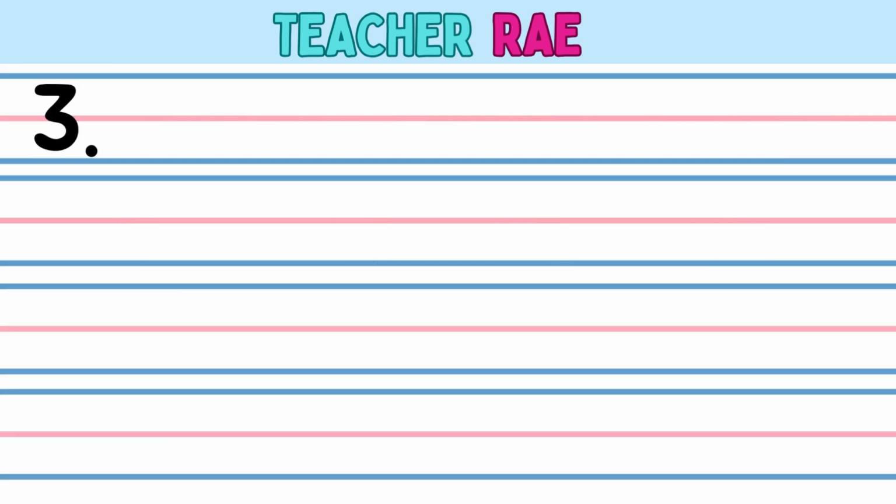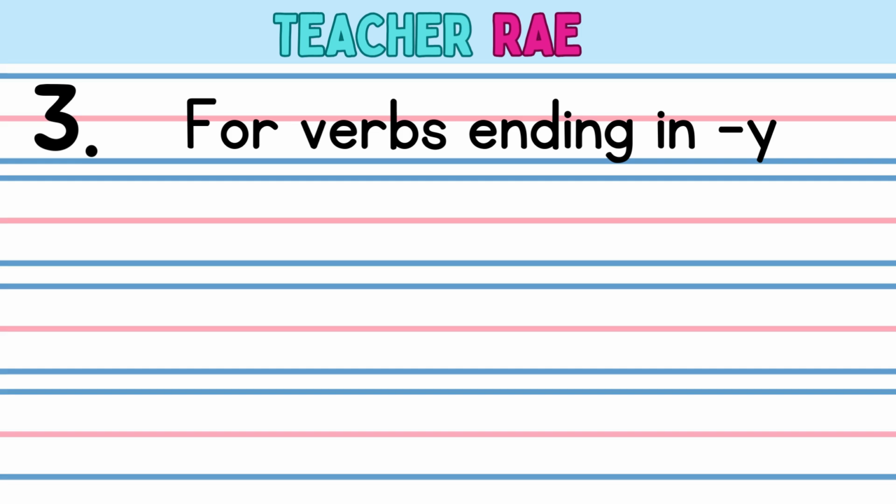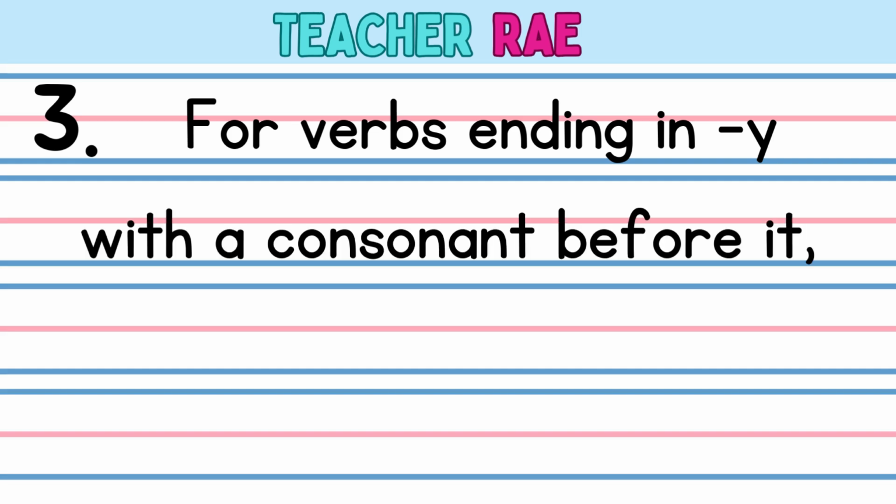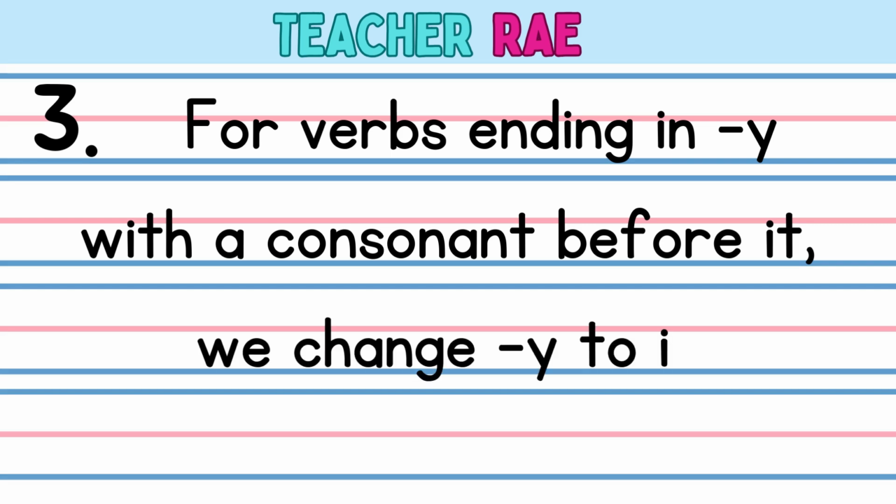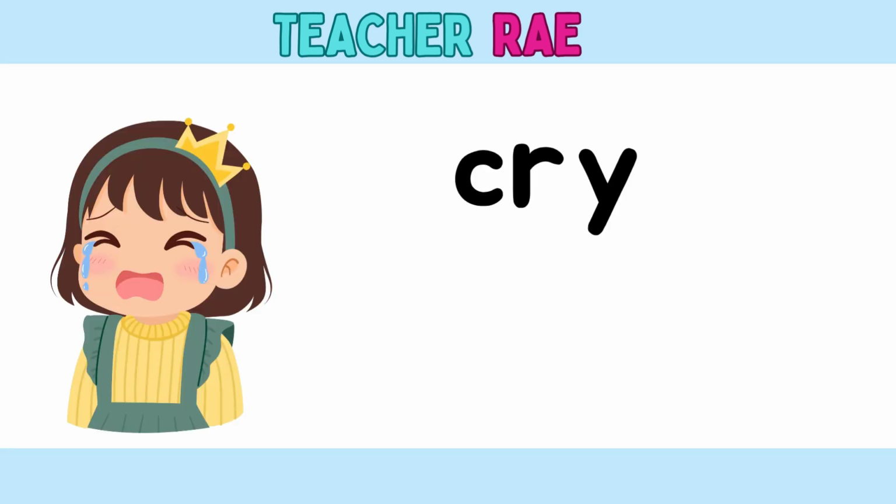Number 3. For verbs ending in Y, with a consonant before it, we change Y to I, then add ES. Let me show you. The word cry ends in Y, with a consonant before it.